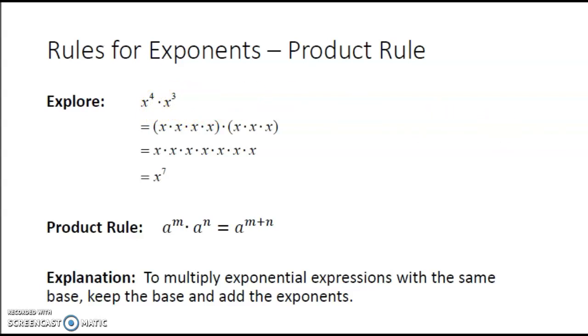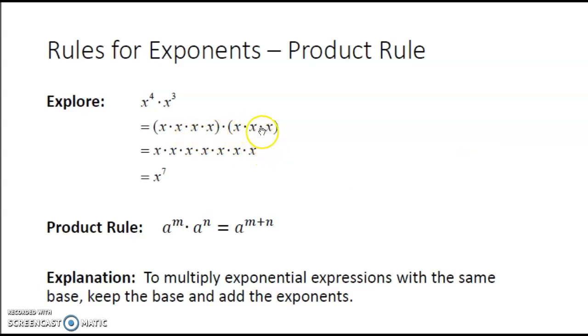We can start by writing each of those expressions in expanded form. Notice in the parentheses here we have x to the 4th power, and then in the second set of parentheses x to the 3rd power. Since multiplication is commutative and associative, we could remove the parentheses, and if we wanted, we could change the order of the multiplication as well.